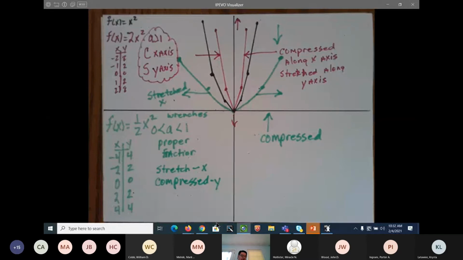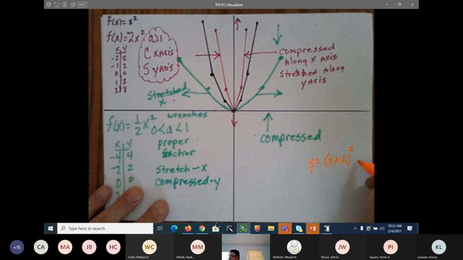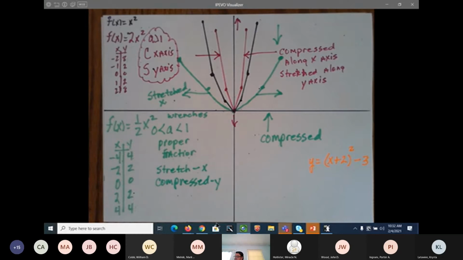Well, what happens if you, let's do an orange. Let's do y equals (x plus 2) quantity squared minus 3. I'm not going to do the whole table, but you can.